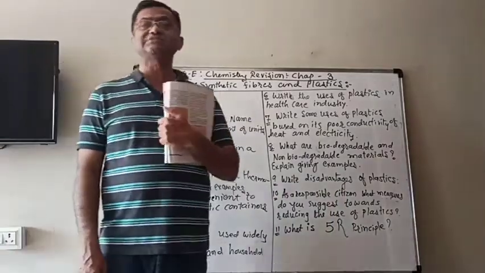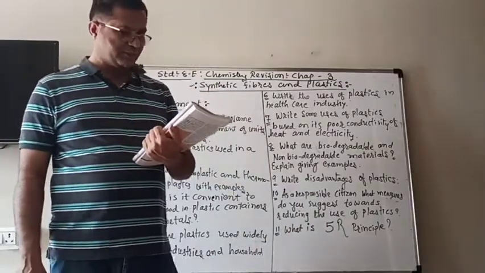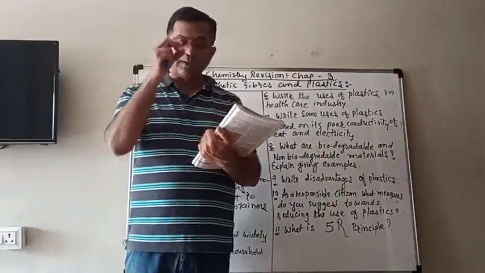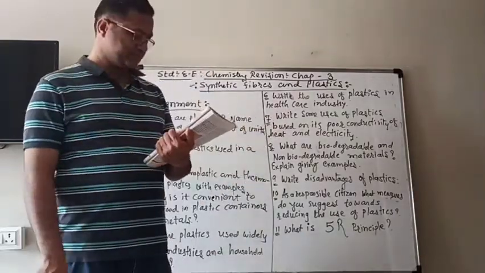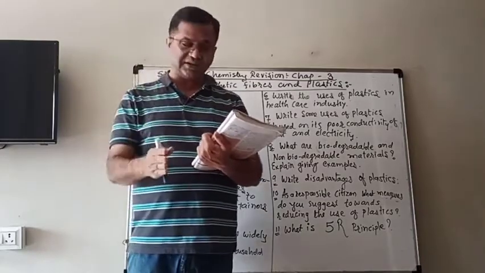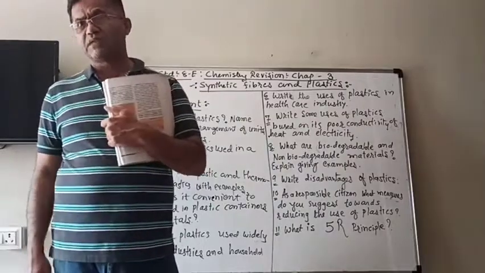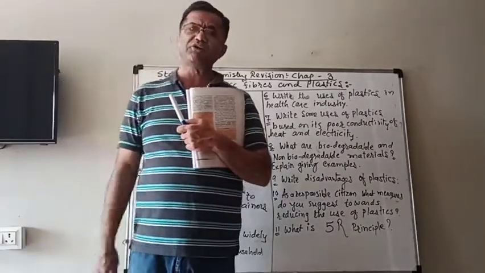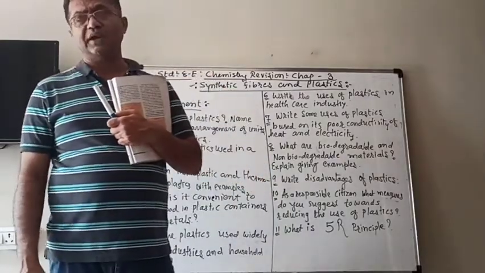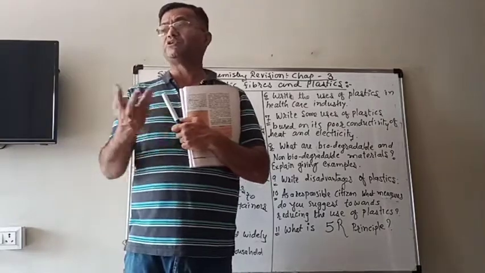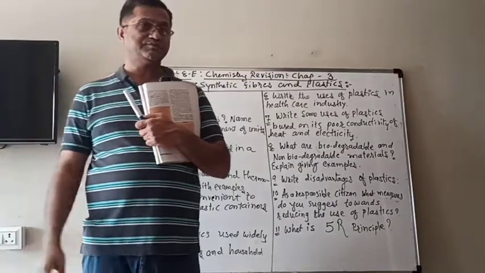Now let us understand what is biodegradable. Biodegradable material means material that gets completely decomposed through natural processes, like the action of bacteria. For example, food materials. When you keep food for a few days, the bacteria will decompose it and then you will not be able to see it.